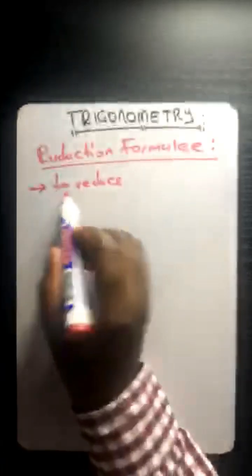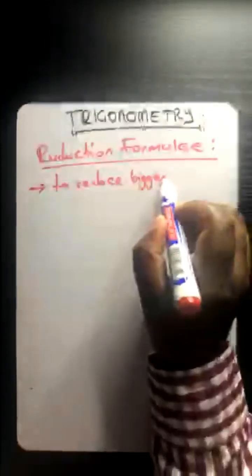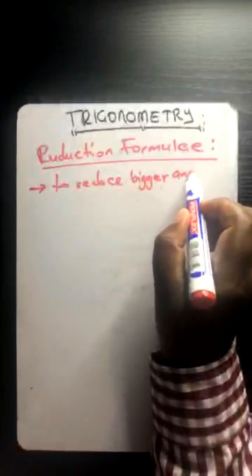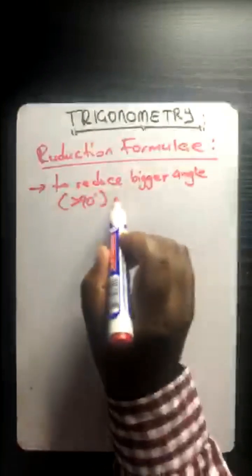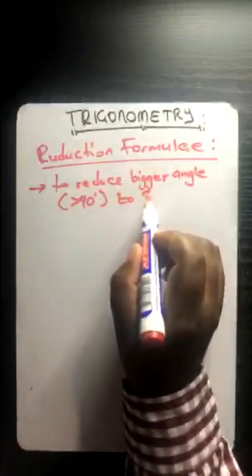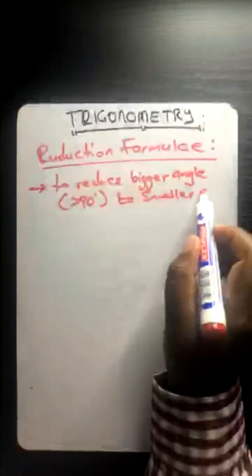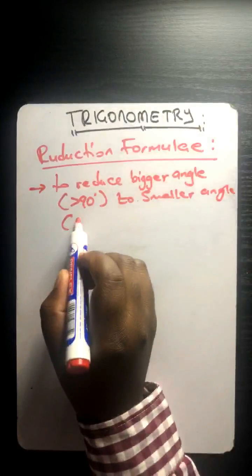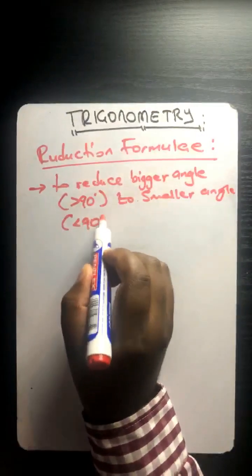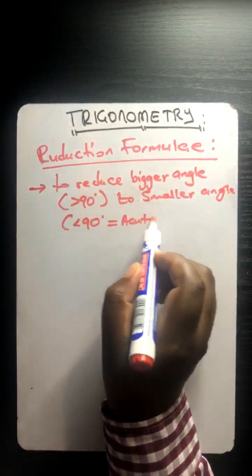So in short, to reduce bigger angles, we talk about angles which are greater than 90 degrees, to smaller angles, we talk about angles which are less than 90 degrees, namely acute angles.